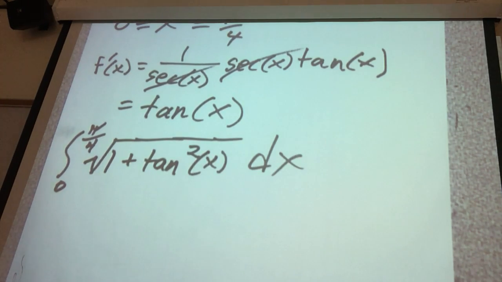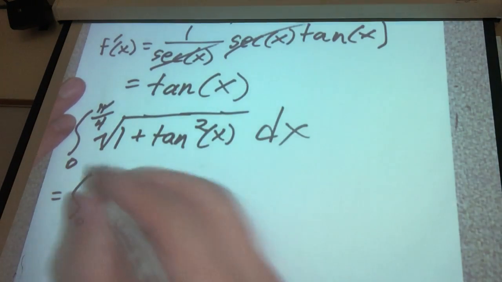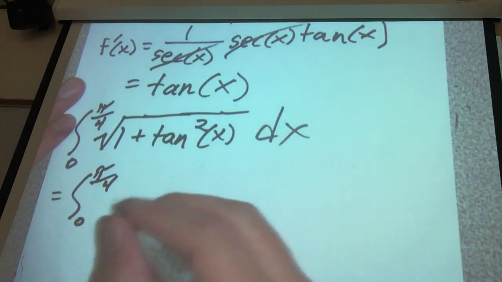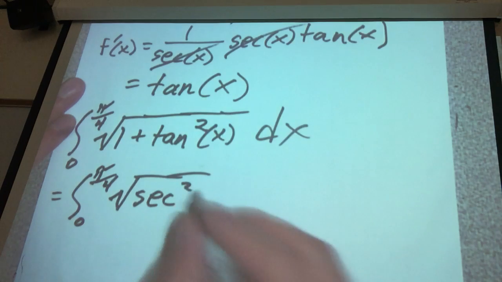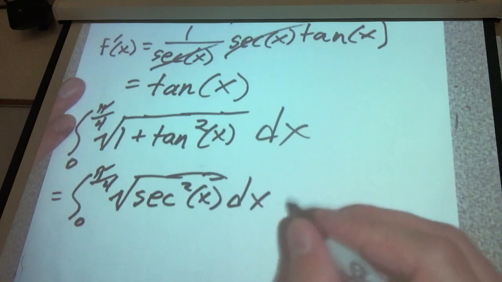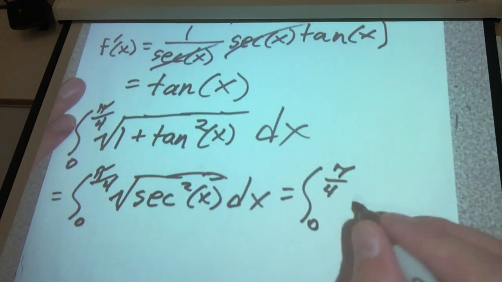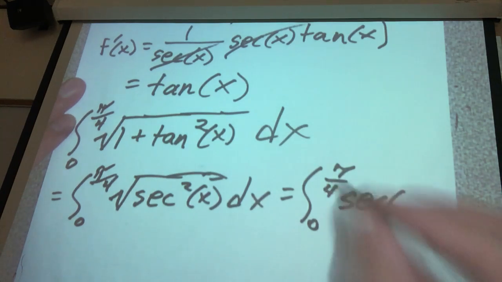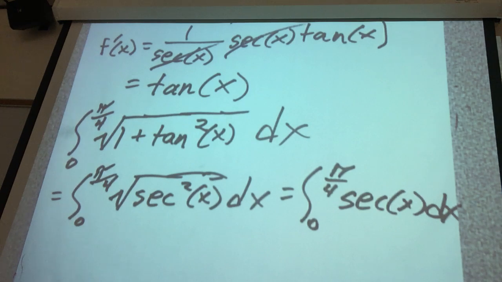So 1 plus tangent squared, well, that's the same thing as the integral from 0 to pi over 4 of the square root now of secant squared dx, which is going to equal the integral from 0 to pi over 4 of just secant of x dx.